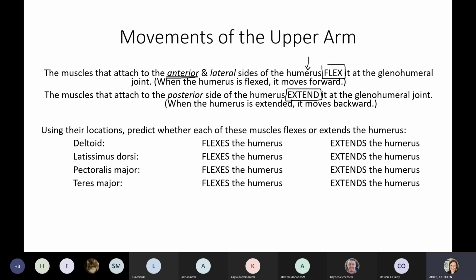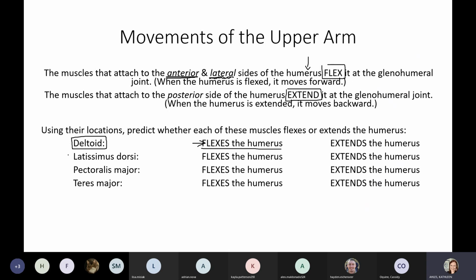The less intuitive muscle that also helps to pull things toward the front are muscles that attach on the lateral side of the humerus. So the big one we're talking about with attaching on the lateral side that helps me with flexion is the deltoid muscle. The deltoid muscle is attaching, if you remember, the triangle ends on the outside of your humerus. So the deltoid muscle helps with flexion because it lives laterally.